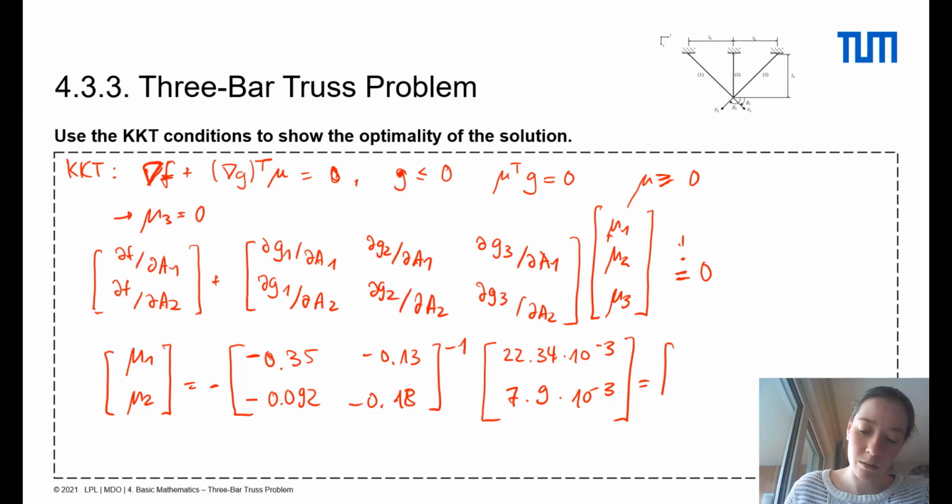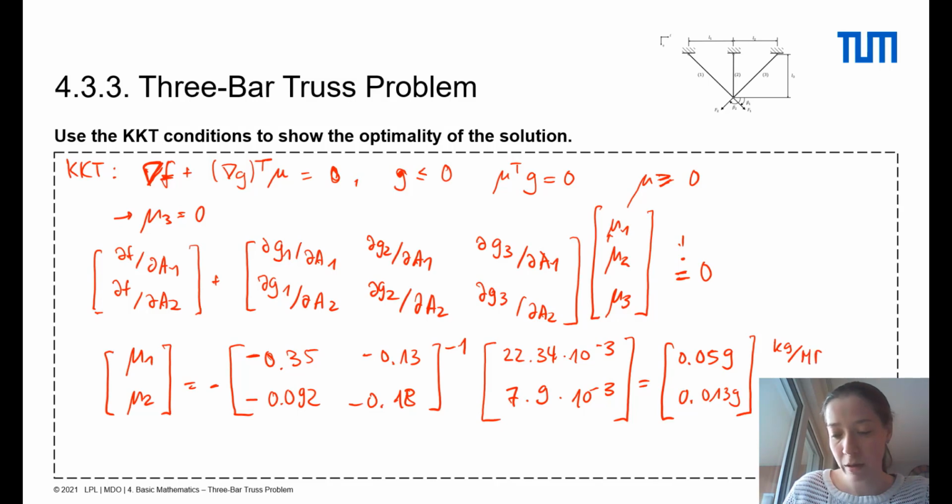So mu1 and mu2 are 0.059 and 0.0139, and this is in kilograms per megapascal. So also the mu's are larger than 0.